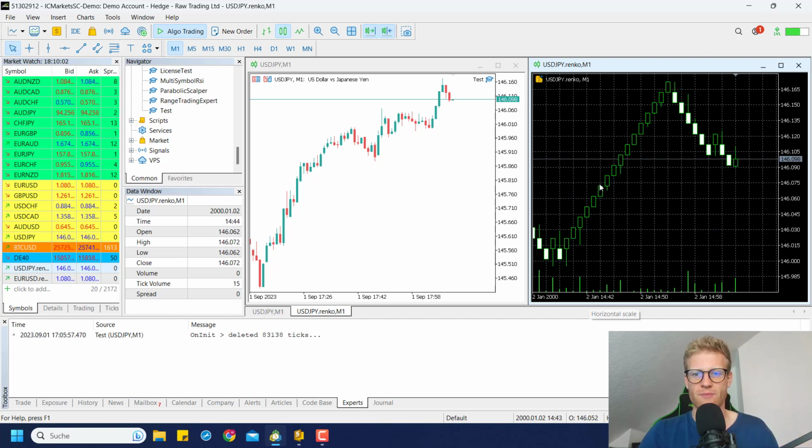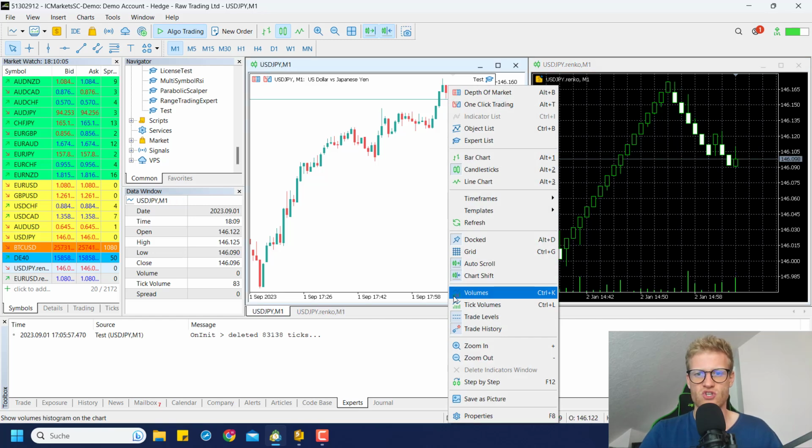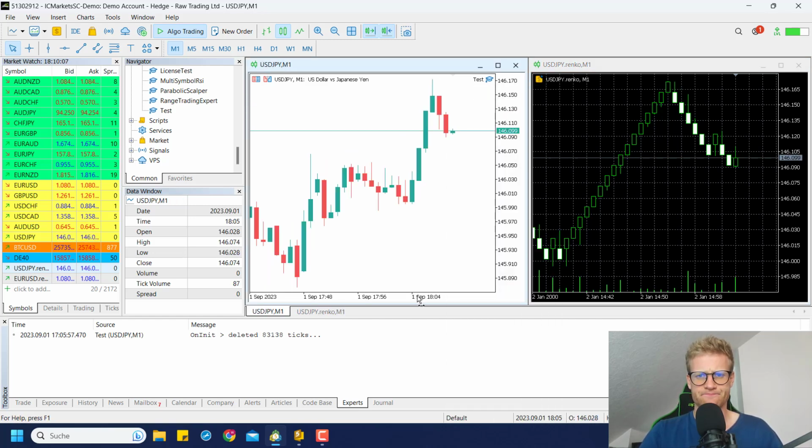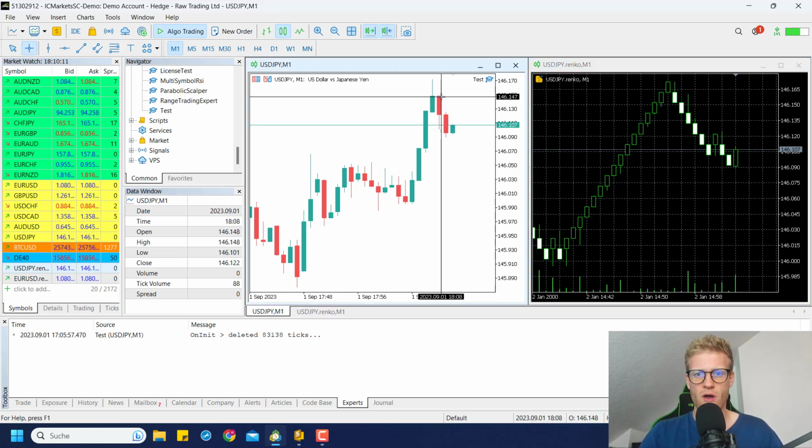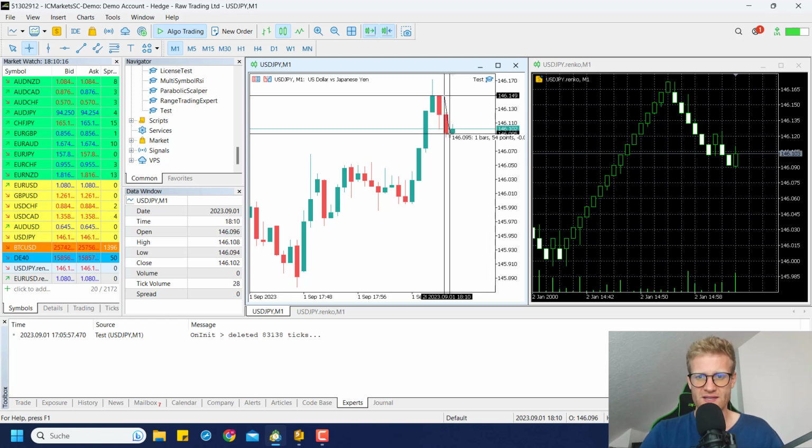We can, for example, compare these two charts here, and you can see right now in the main chart, the last two bars that are complete are these red bars, and the movement is around 60 points long.